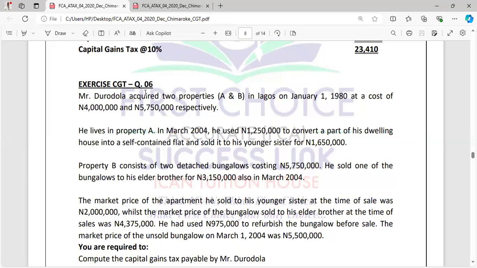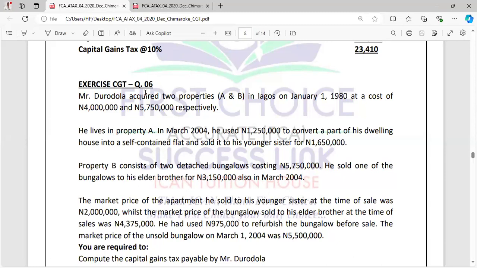Someone might be thinking, because I mentioned younger sister here, you want to be looking at the market value of what he sold to the younger sister to use arm's length value. It doesn't matter what is sold to the younger sister. The younger sister is also using it for a dwelling place. So capital gains tax will not be applied on A.